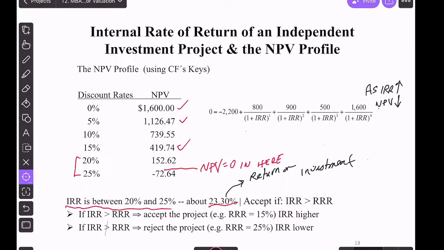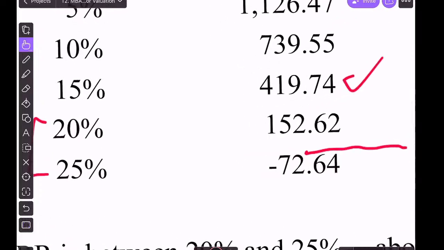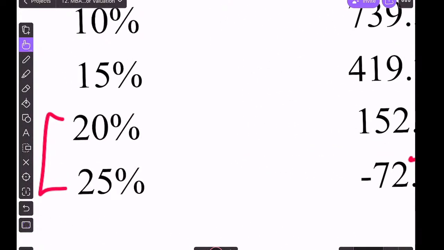It will expand this range and use values like 21, 22, 23, 24, and keep checking, looking for the crossover to find where the internal rate of return is.